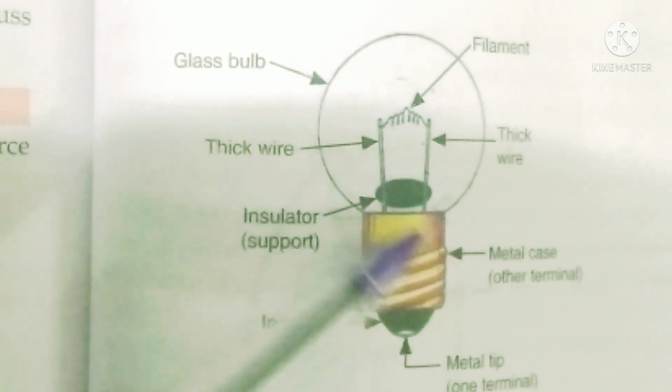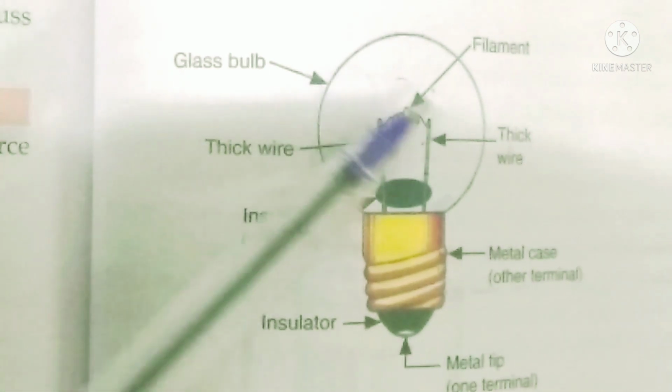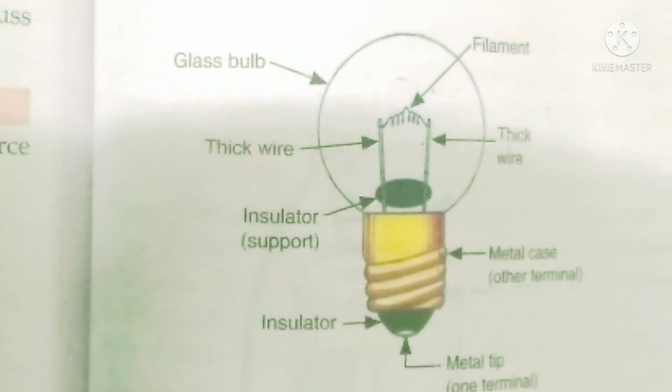Here these two rods are there and the filament is there, and then the rest of the glass bulb is filled mostly with a gas which is called argon gas.